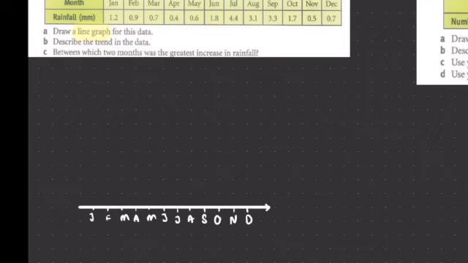Great. Then I'm just going to draw this one, which will represent your rainfall. This one might not be really accurate because we're not using graph paper. If you use graph paper, then it'll be extremely accurate.